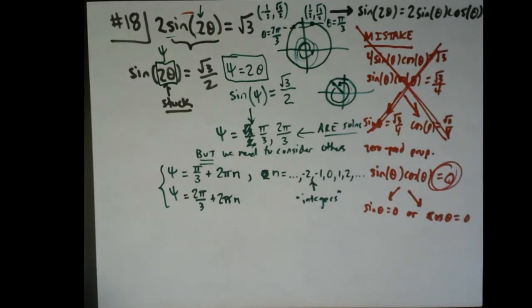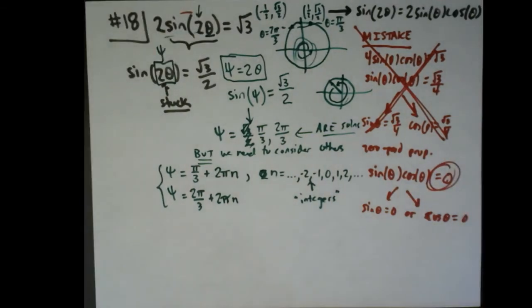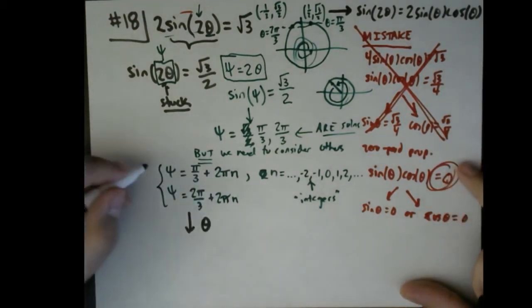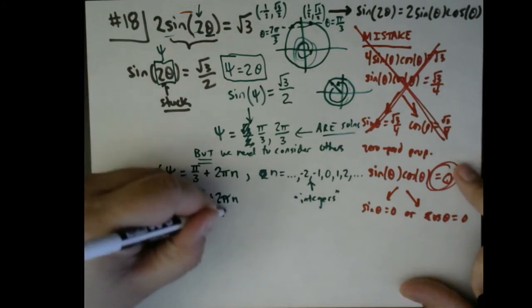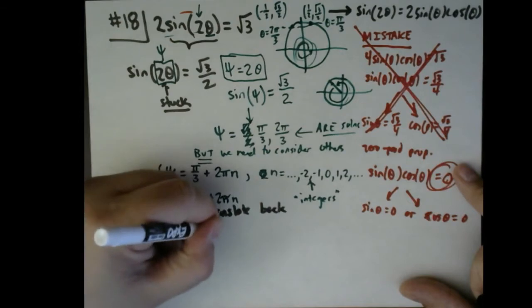We found psi. We found infinitely many of them. Our goal should come back to the variable in the original equation, and the variable in the original equation was this theta here. So we have to translate the problem back to the theta variable.